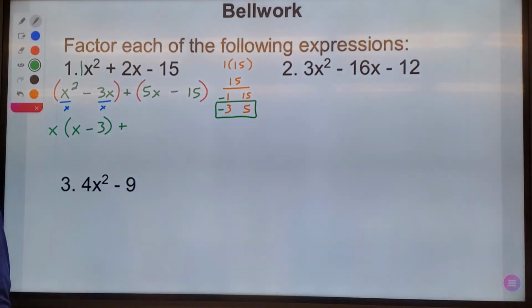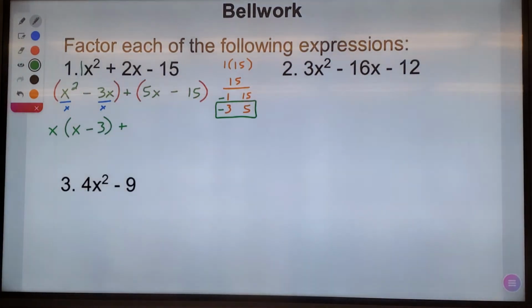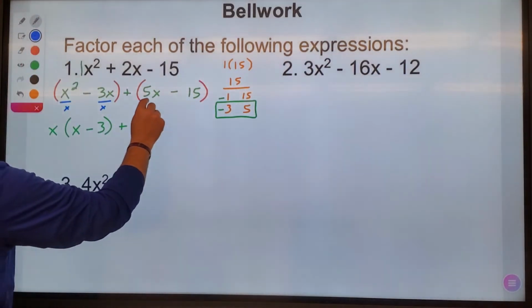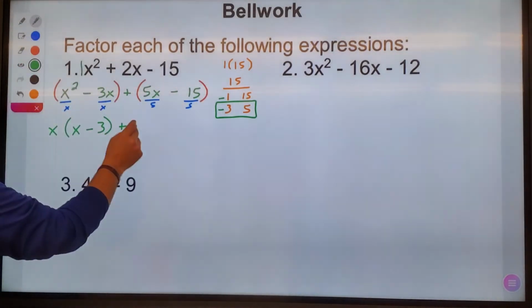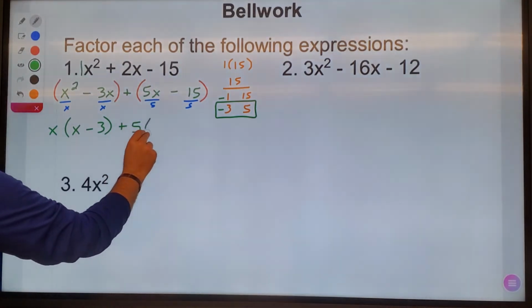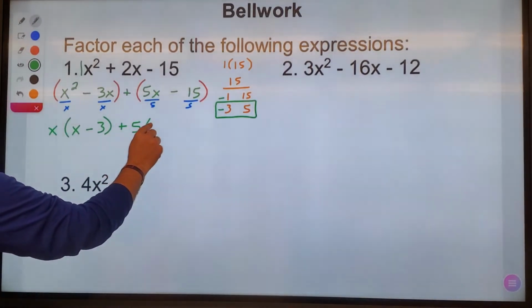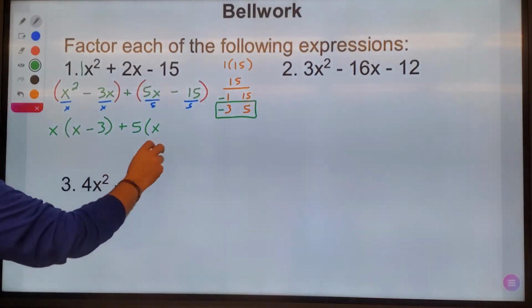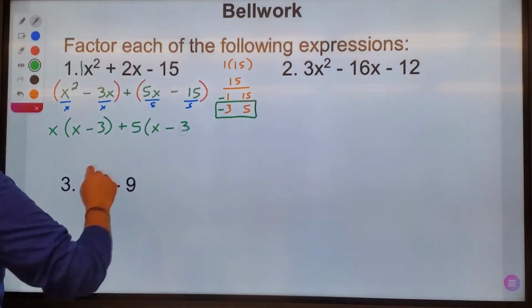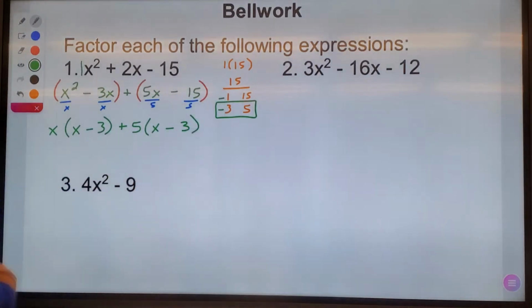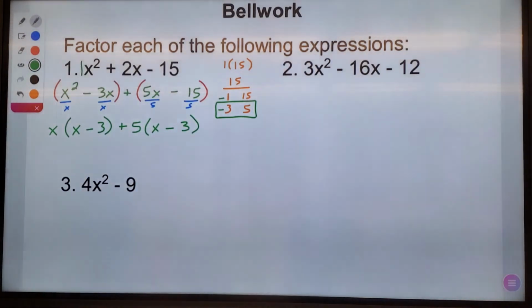5x and 15 can both be divided by 5. So again, that's what comes outside. 5x divided by 5 is just x. Negative 15 divided by 5 is negative 3. Notice here that what's inside the parentheses must be identical to each other.